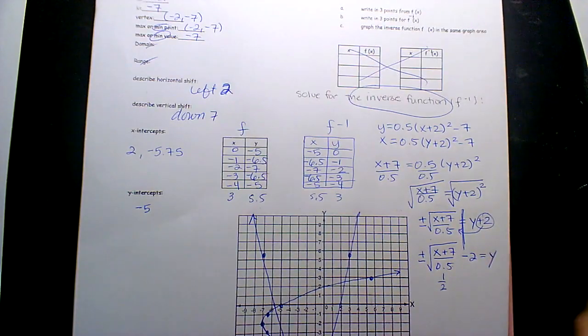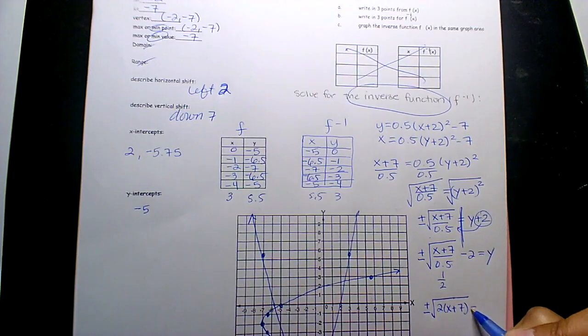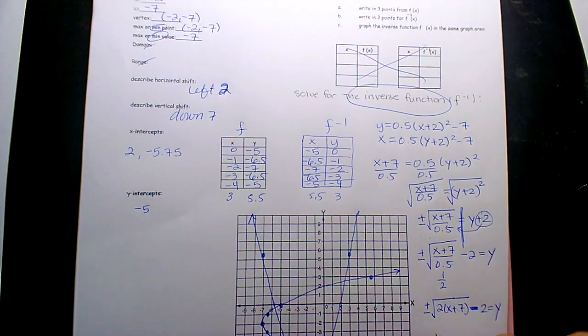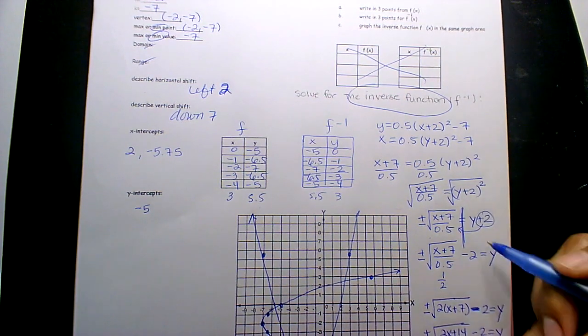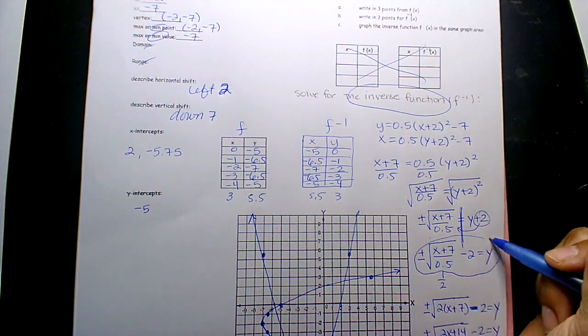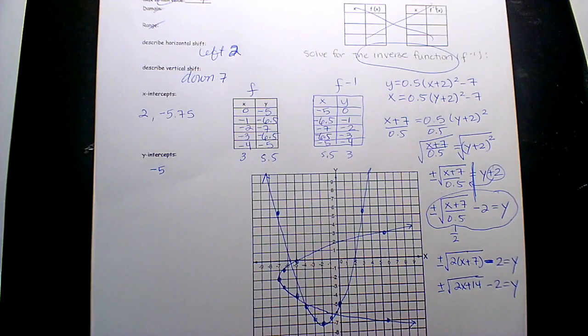So when you take the reciprocal, some of you gave me 2x plus 7, or you distributed and gave me 2x plus 14, and some of you even gave me 2x plus 4. You did more work than was necessary for this test because we're still fresh from summer break. Yeah? Okay.